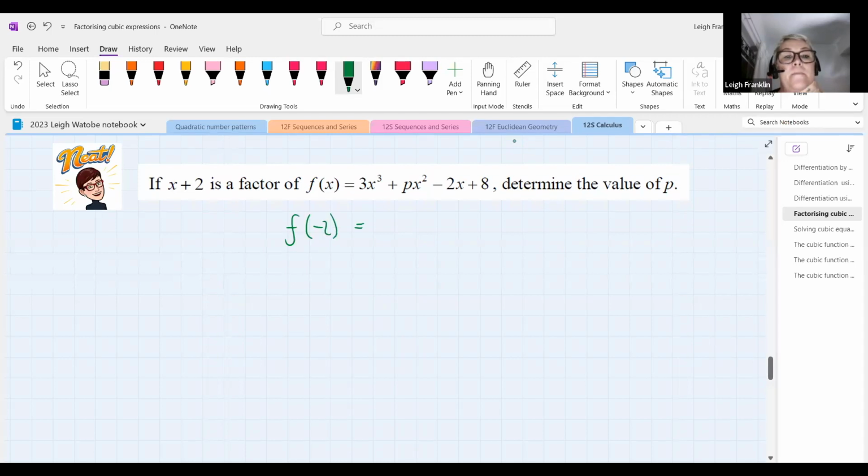You should make x equal to -2. Lovely. Then you substitute into the equation.